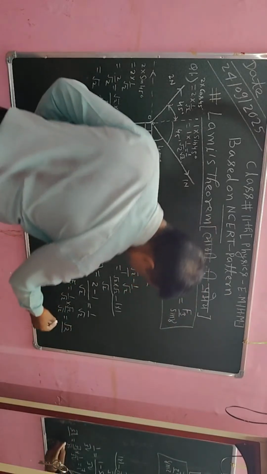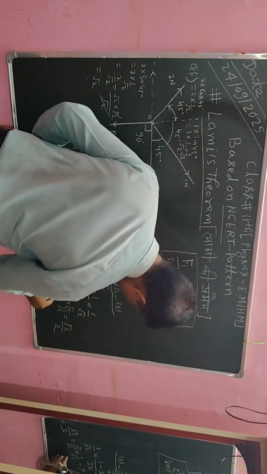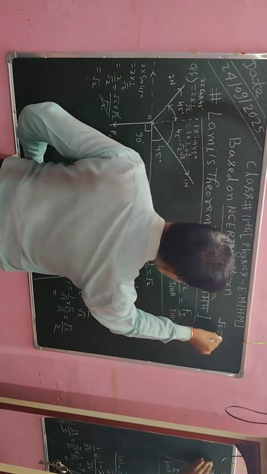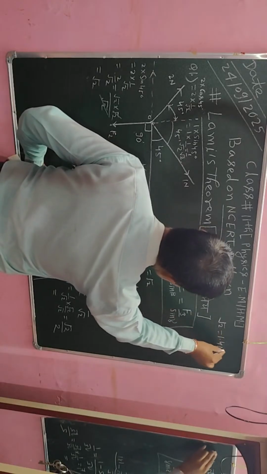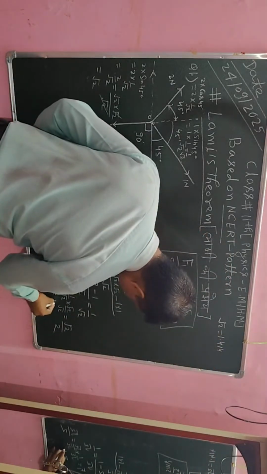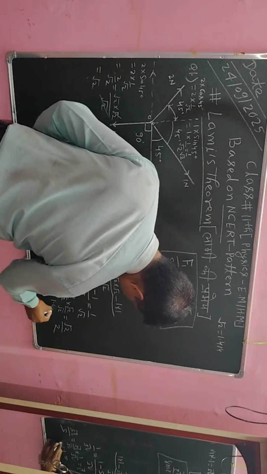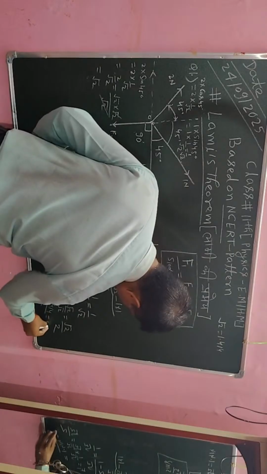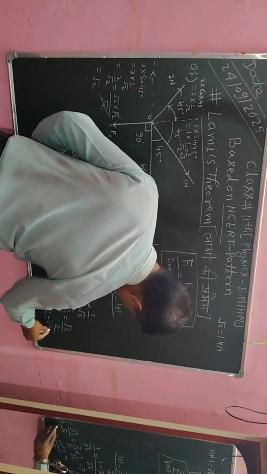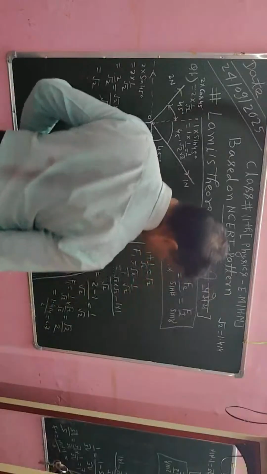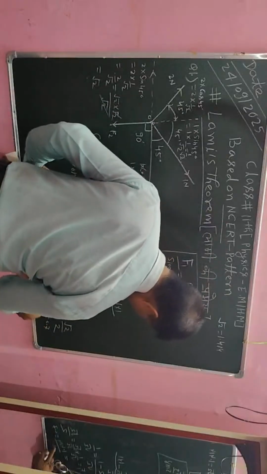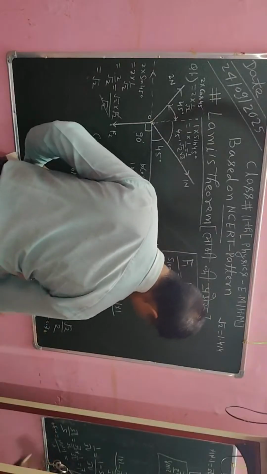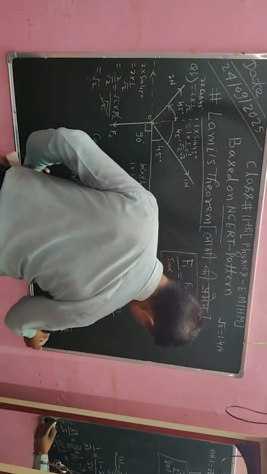So here I will write root 2 divided by root 2 into root 2 that will be 2. So here I will say the value of root 2 I know that is 1.414. So here I will write 1.414 divided by 2. After dividing I will get 0.7. So there is 1. So I will put there 0, and then I will multiply divided with 7.